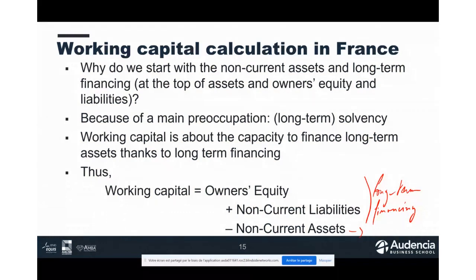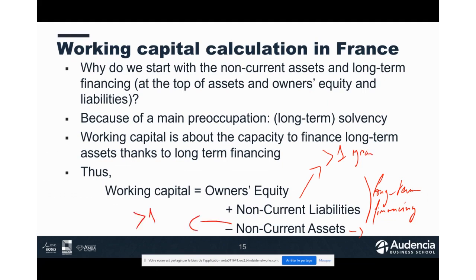When they finance some company for the long term, the bank wants to know if the working capital is positive and if the company is financing the investments with a debt with a good duration. So here is non-current liabilities, it means higher than 1 year. Non-current assets higher than 1 year.